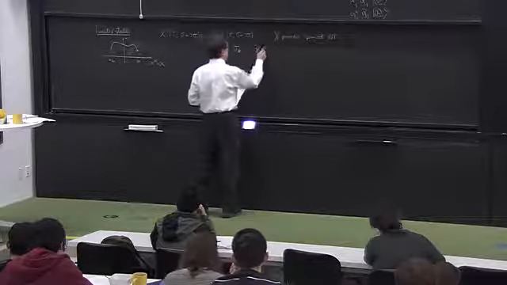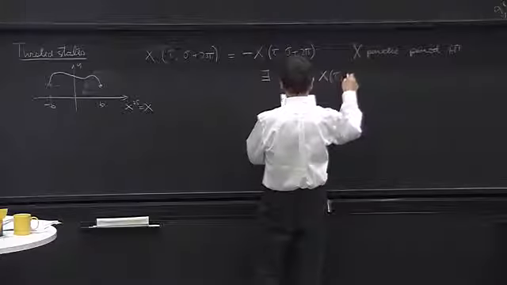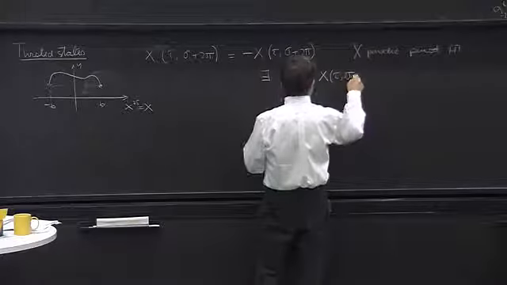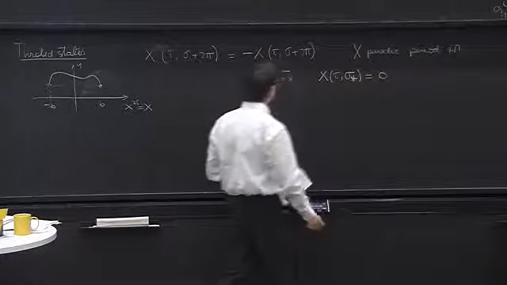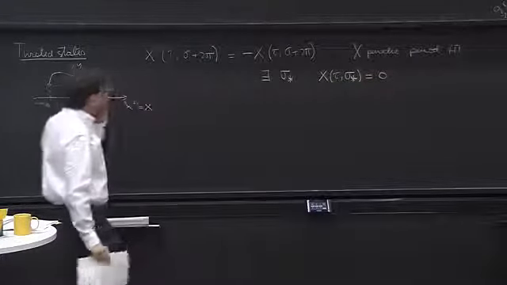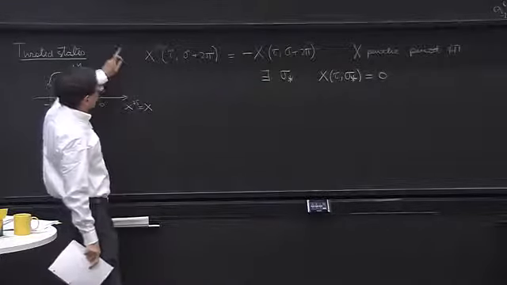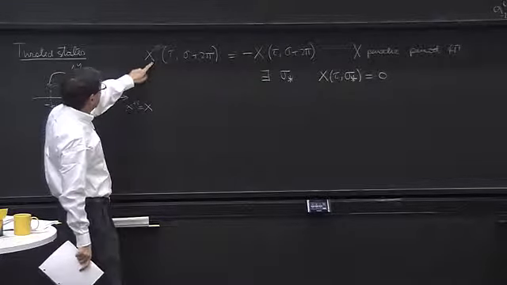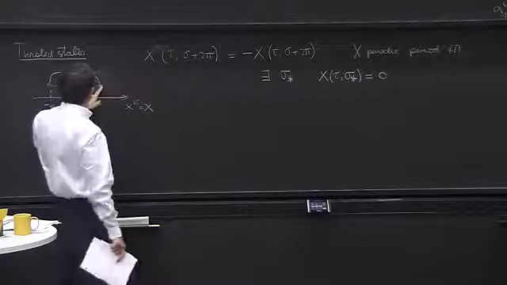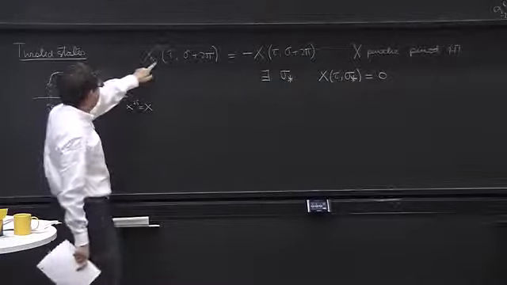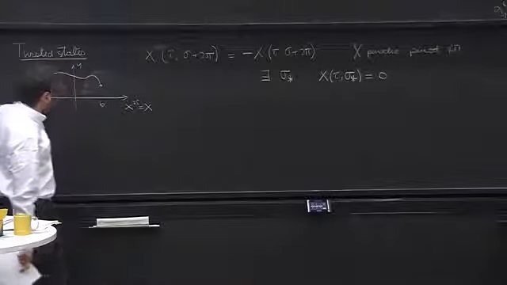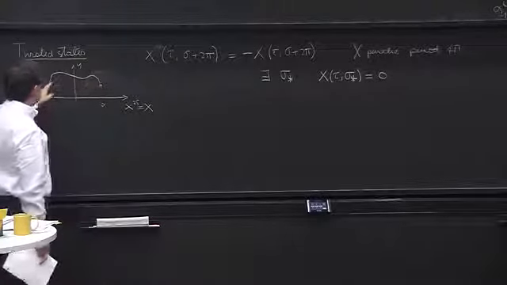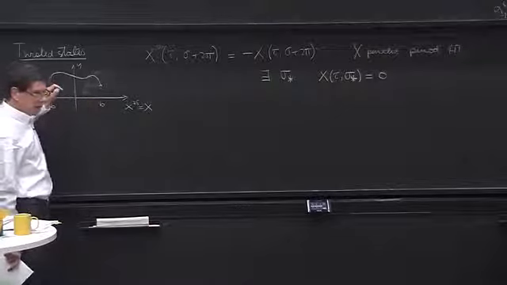such that x of tau, sigma star is equal to 0. This closed string takes values, and takes the negative values because it closes by ending at the negative point of where it started.